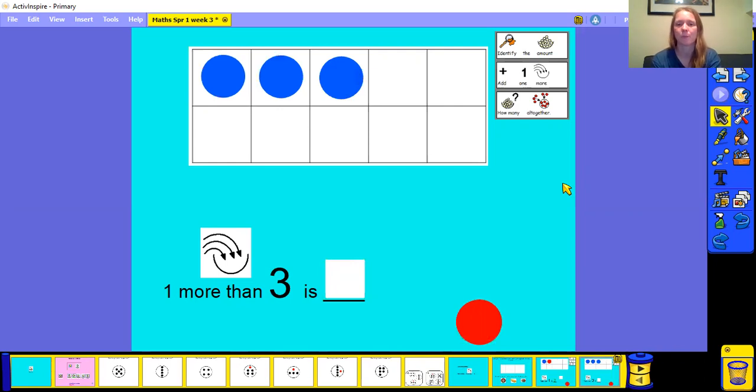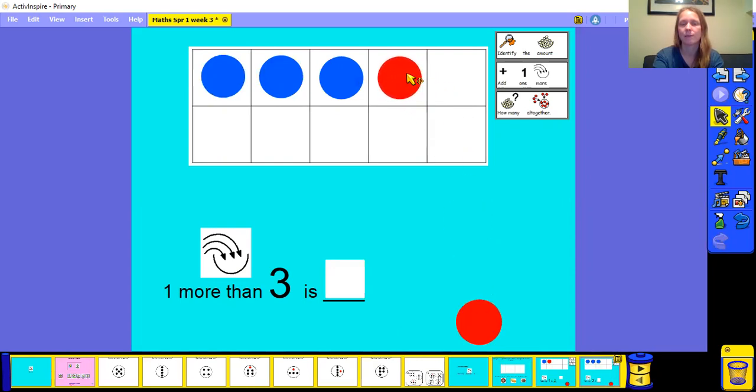Let's try this one. This time it says 1 more than 3 is. My first number is 3. I've got 3 blue counters on my 10 frame to represent the 3 that I'm starting with. Now I need to add one more.